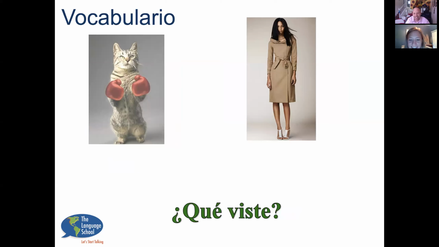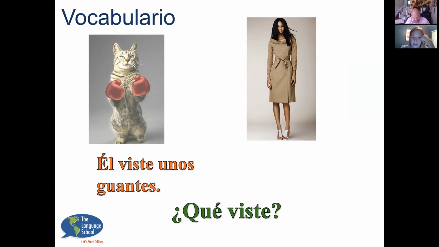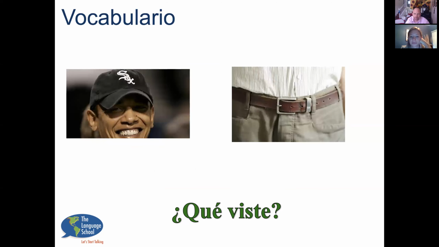A la izquierda, ¿qué viste el gatito? El gatito viste unos guantes. Ajá, muy bien. Y a la derecha, ella viste un abrigo. Sí, perfecto.